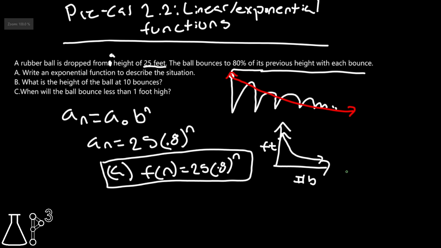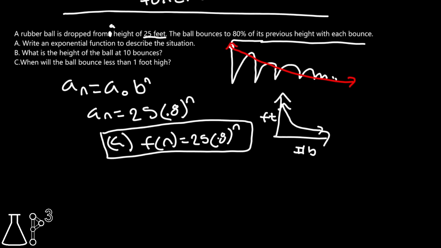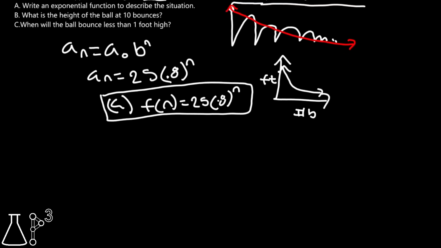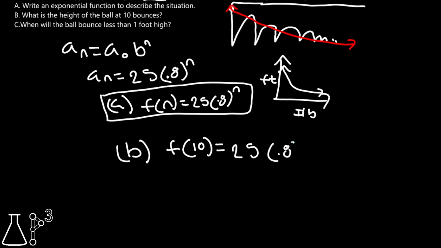All right. Now, if we scroll down, we have part B. What is the height of the ball at 10 bounces? Here you would literally just plug in, since we have height as a function of the number of bounces. We're just going to do f of 10, which is equal to 25 times 0.8 to the 10th power.